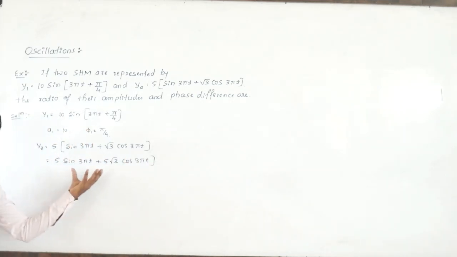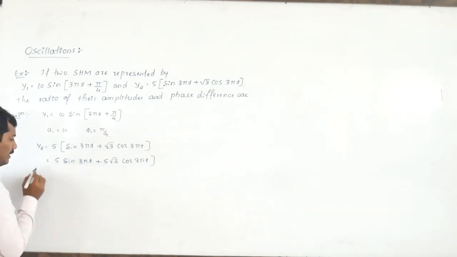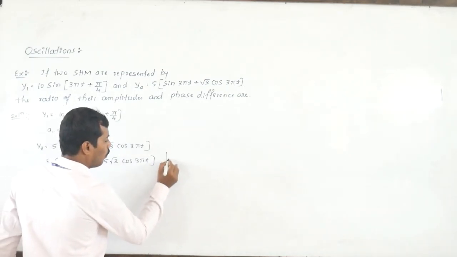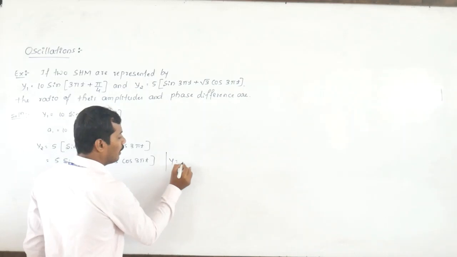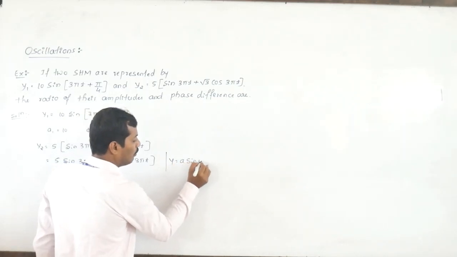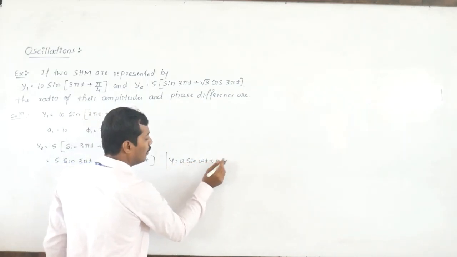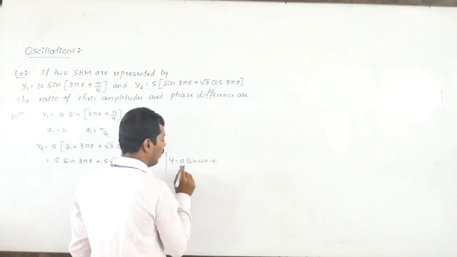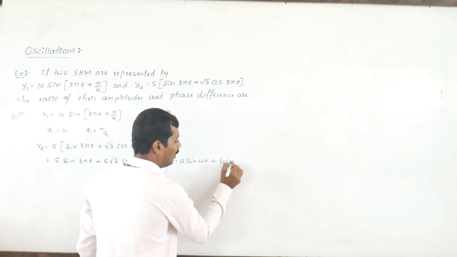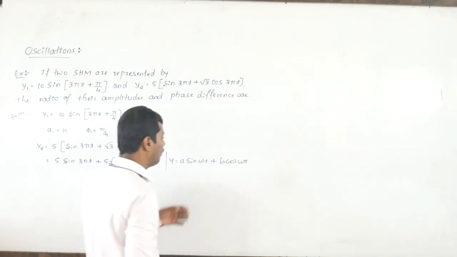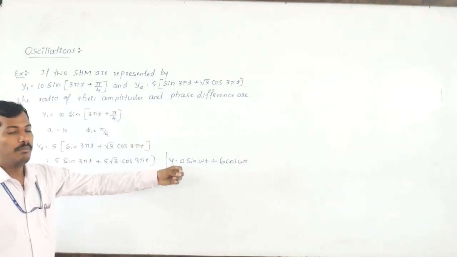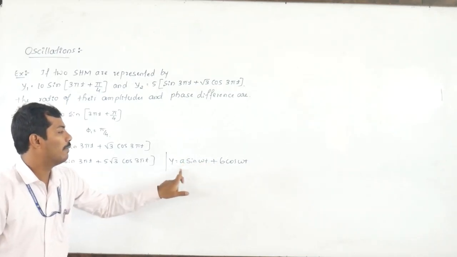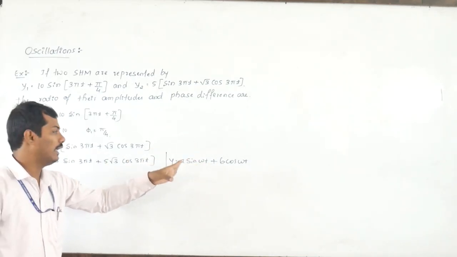Now this is in the form y equals a sin(omega t) plus b cos(omega t), with different amplitudes a and b.